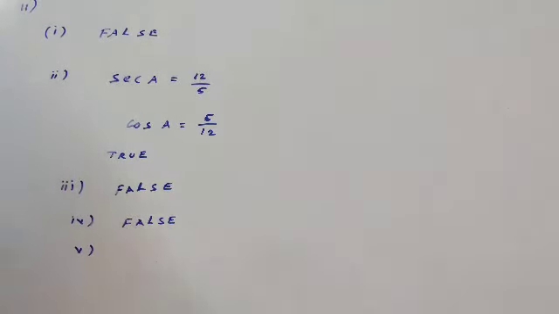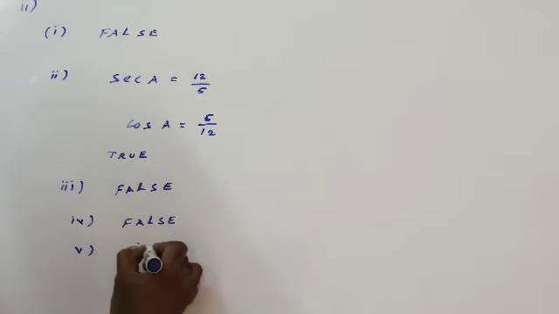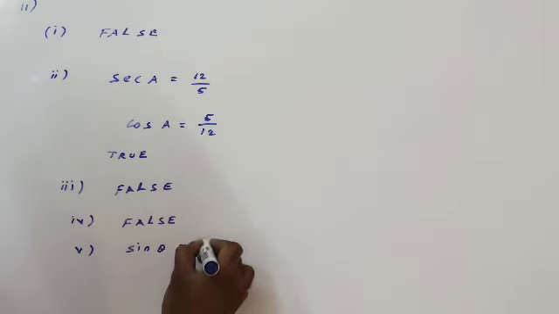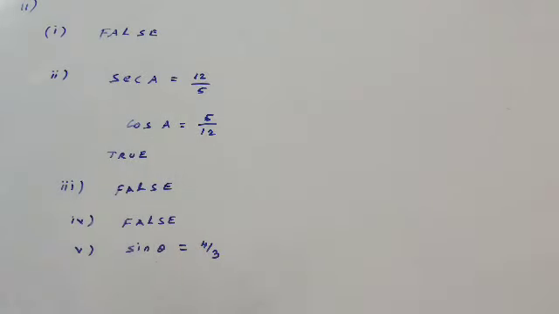Finally, the fifth one, sin theta equal to 4 by 3 for some angle theta. Sin theta means opposite side by hypotenuse side.